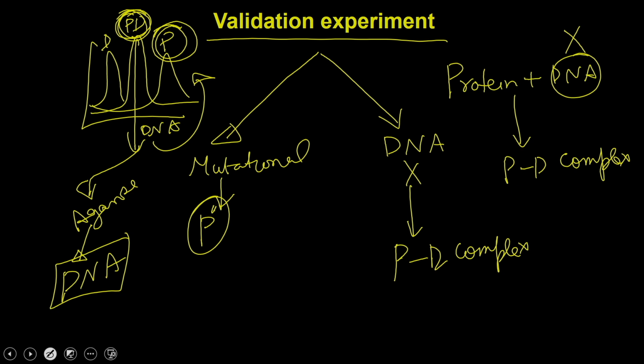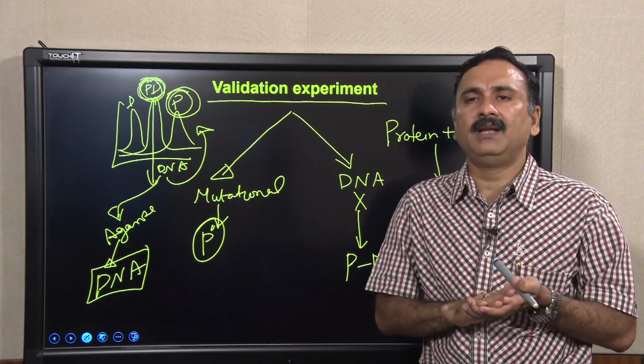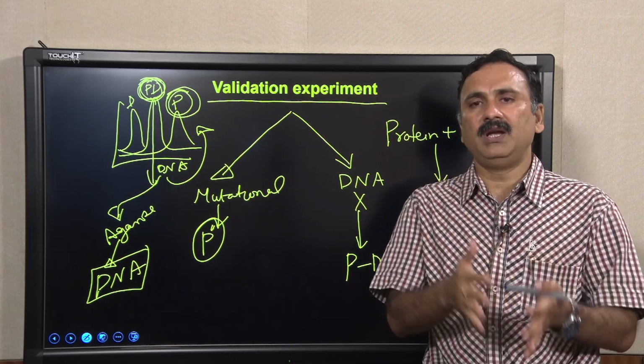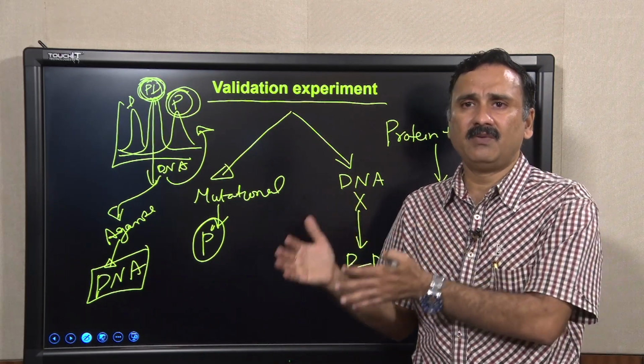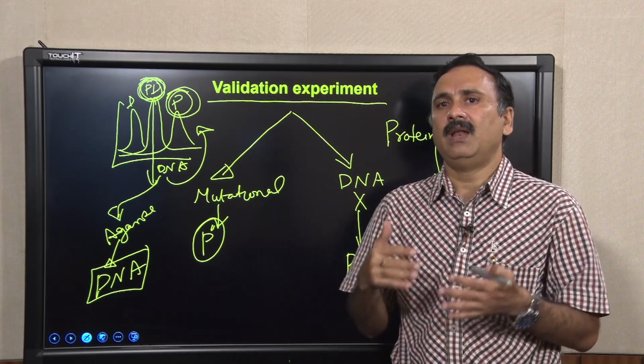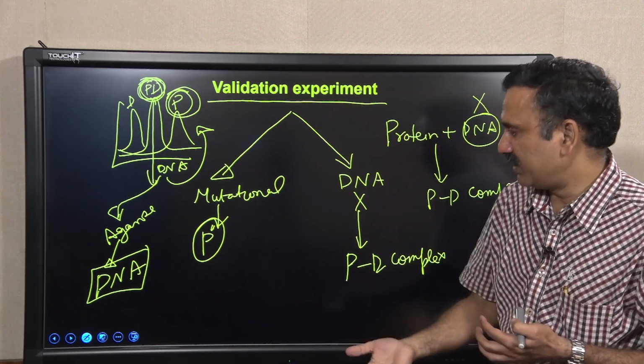So, this is all about designing an experiment to study protein-DNA interactions. We have also discussed a similar type of experiment when we were doing ion exchange chromatography, and with this let us move on to the next experiments.